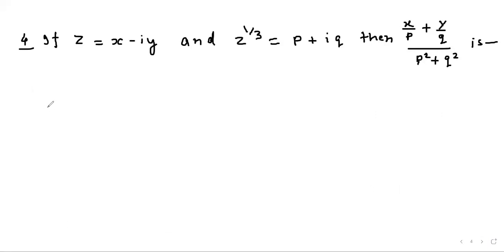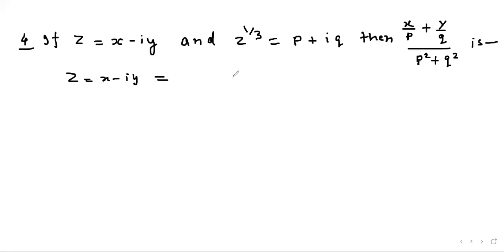Consider question number 4. Question number 4 says, if z equal to x minus iota y and z power 1/3 is equal to p plus iota q, then x upon p plus y upon q divided by p square plus q square is. So we consider z equal to x minus iota y.